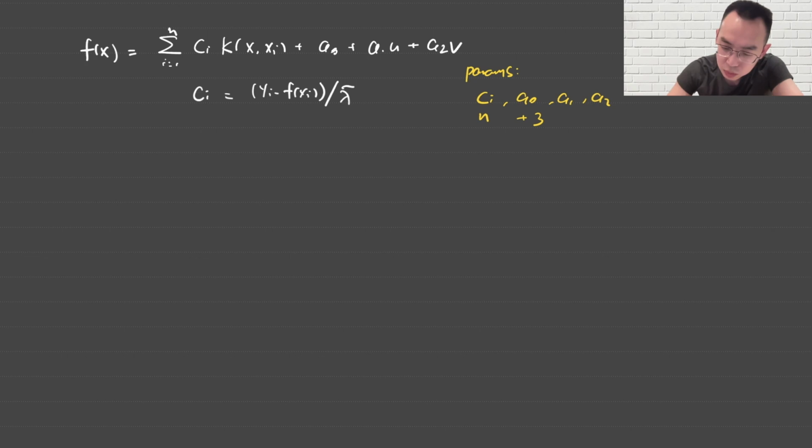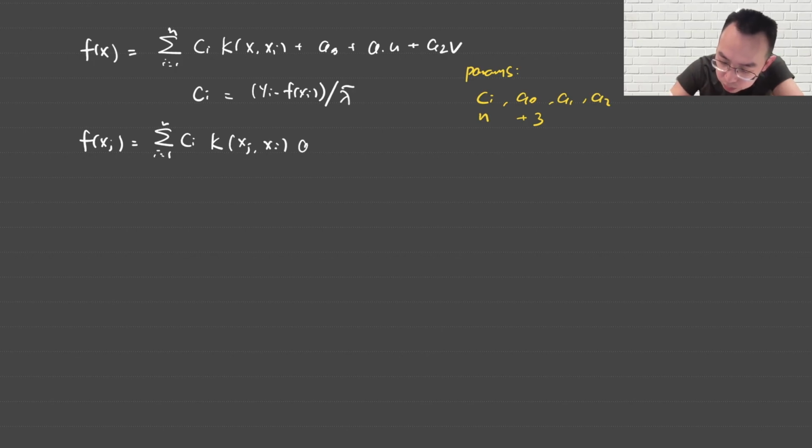Remember what we did last time: we plug each data point into f of x. That's going to give us f of xj equals the sum of ci k of xj, xi, plus a0 plus a1 u plus a2 v.